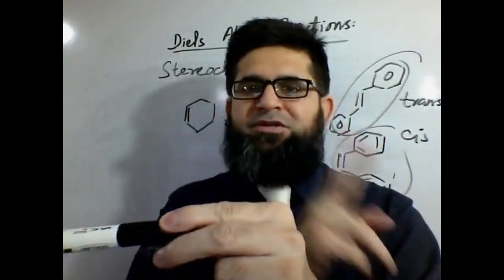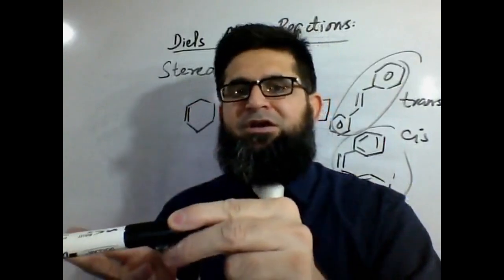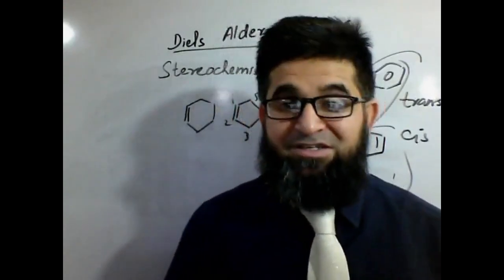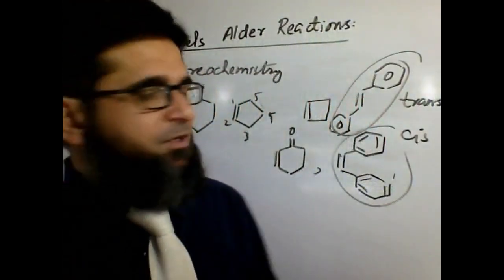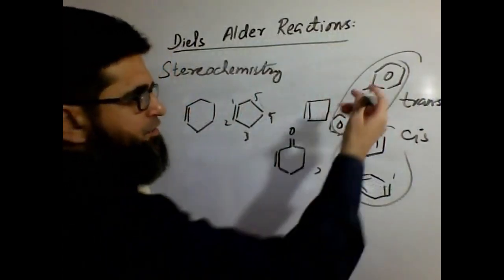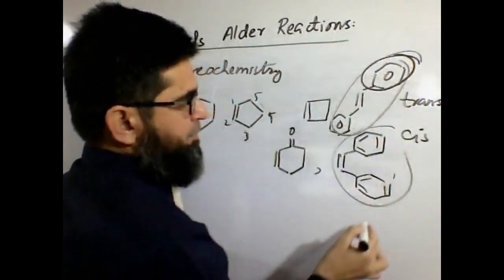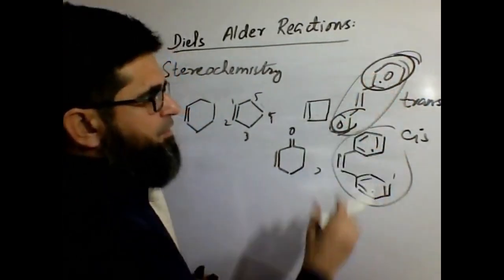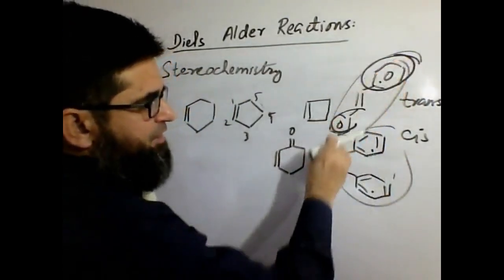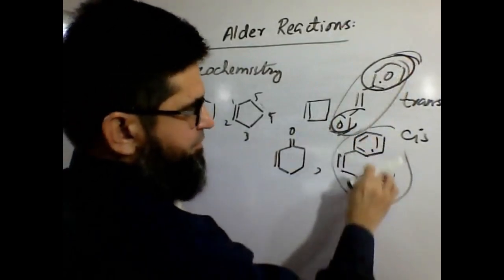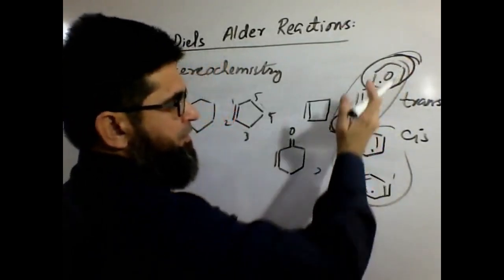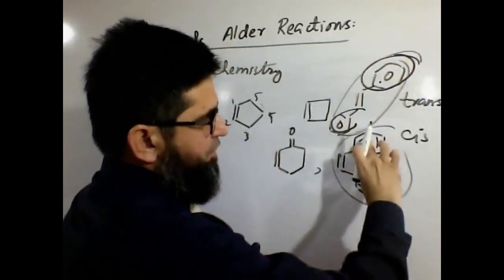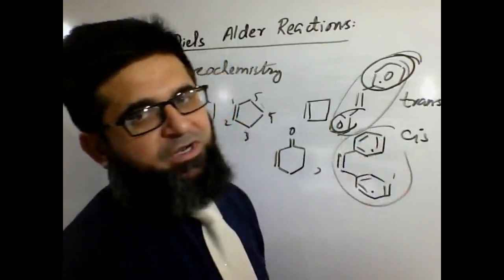So the first molecule and the second molecule are called stereoisomers because nothing has been changed. This group and this group in both compounds are the same. One is on the left, the other on the right. In one they are on the opposite sides, in the other molecule they are on the same side. So it's called cis and trans.